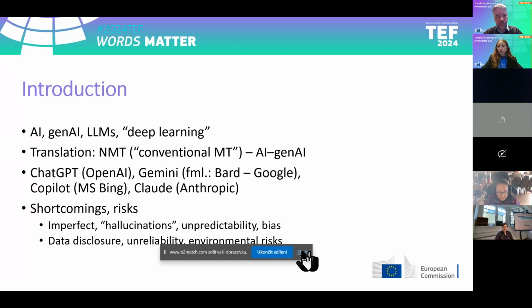That's what we refer to as the large language models, LLMs. So it works with language, and the system simply uses a neural network to predict the most probable word or phrase to follow something that has already been generated. So that's why we refer to it as a generative AI.